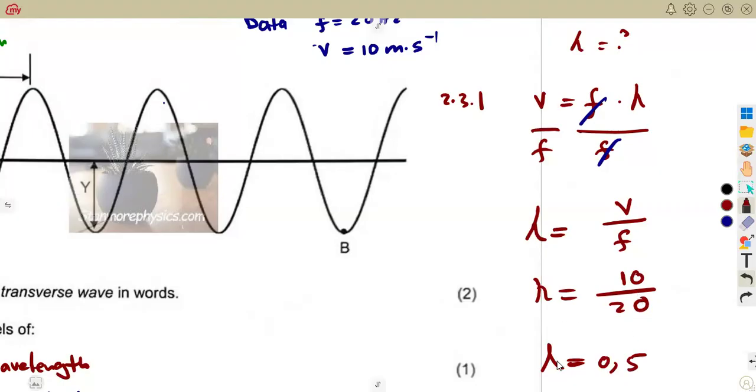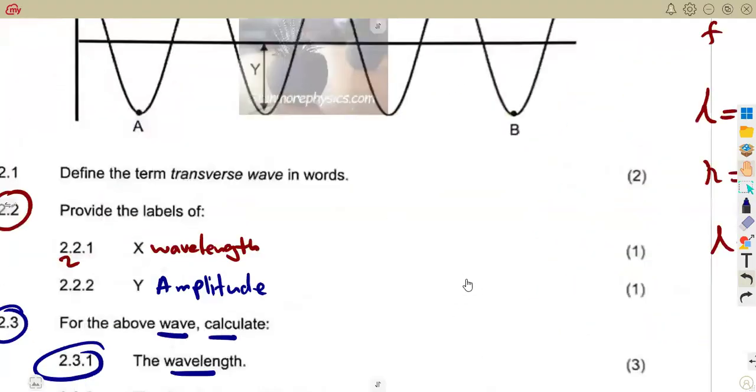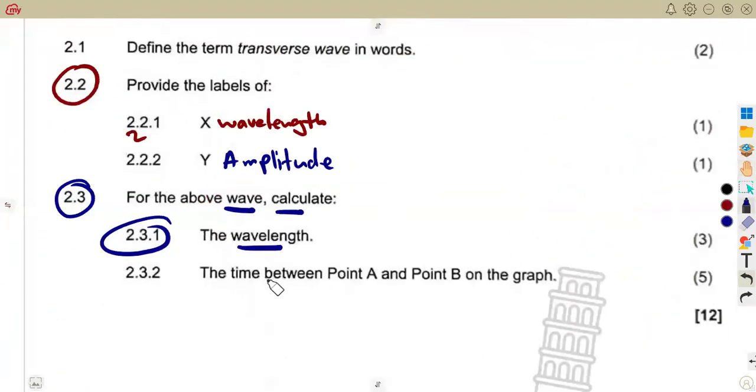Remember the units. The wavelength is measured in meters. When you are given the speed in meters per second, you're going to have the wavelength in meters. All right, moving on to question 2.32. That was the time between point A and point B on the graph. All right, the time between these.